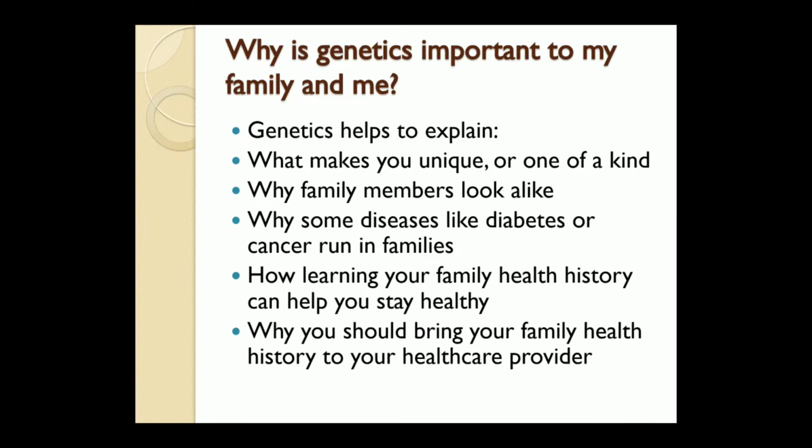If we are able to know that, we can restrict ourselves or take some measures to prevent these kinds of diseases. How can learning your family health history help you stay healthy? If we know my family health history, that if somebody in my family has any kind of diabetic history, then I may take precautions.